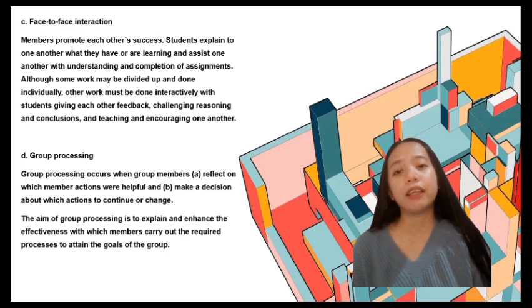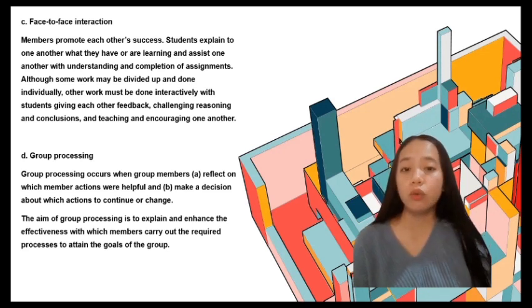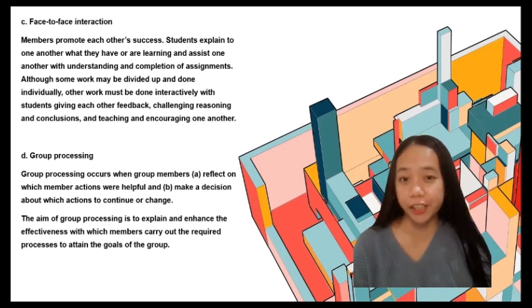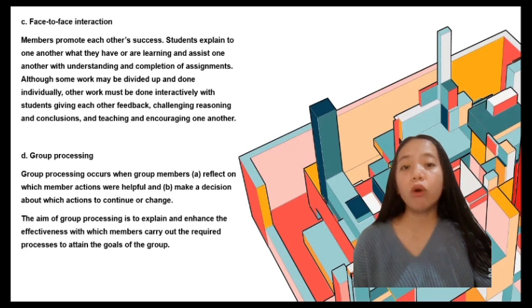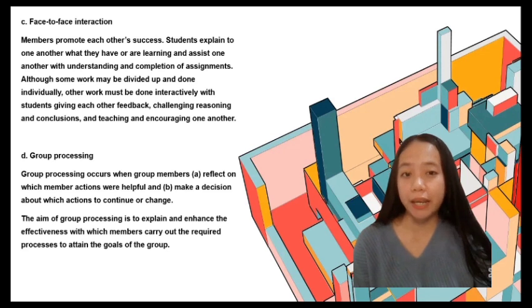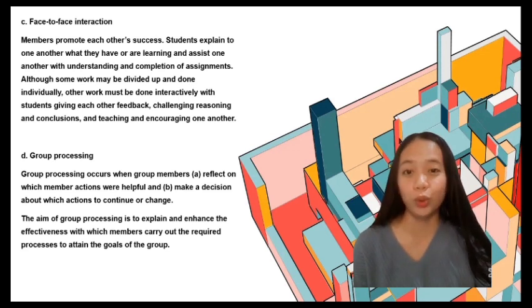Important cognitive activities and interpersonal dynamics only occur when students promote each other's learning. This includes oral explanation of how to solve problems, discussing the nature of the concept being learned, and connecting present learning with past knowledge. It is through face-to-face, promotive interaction that members become personally committed to each other as well as their mutual goals.